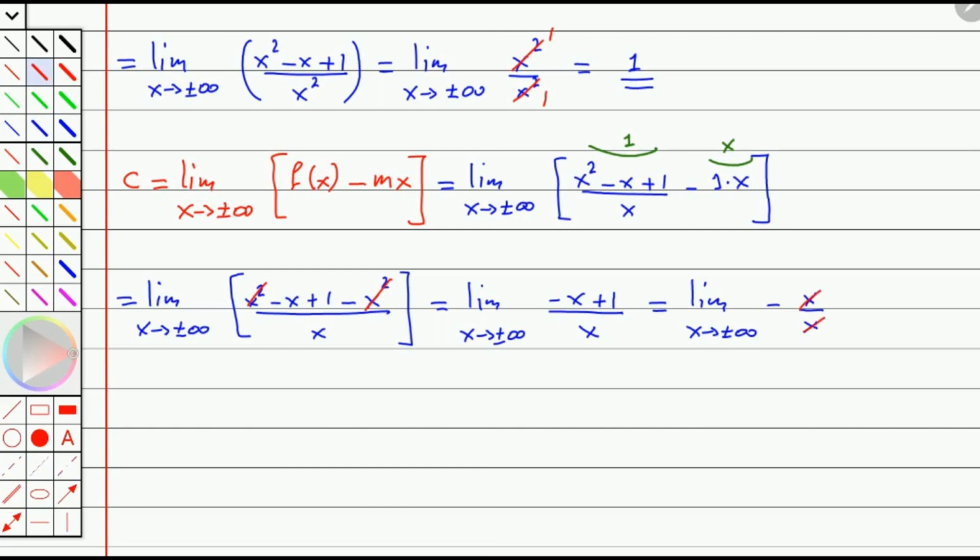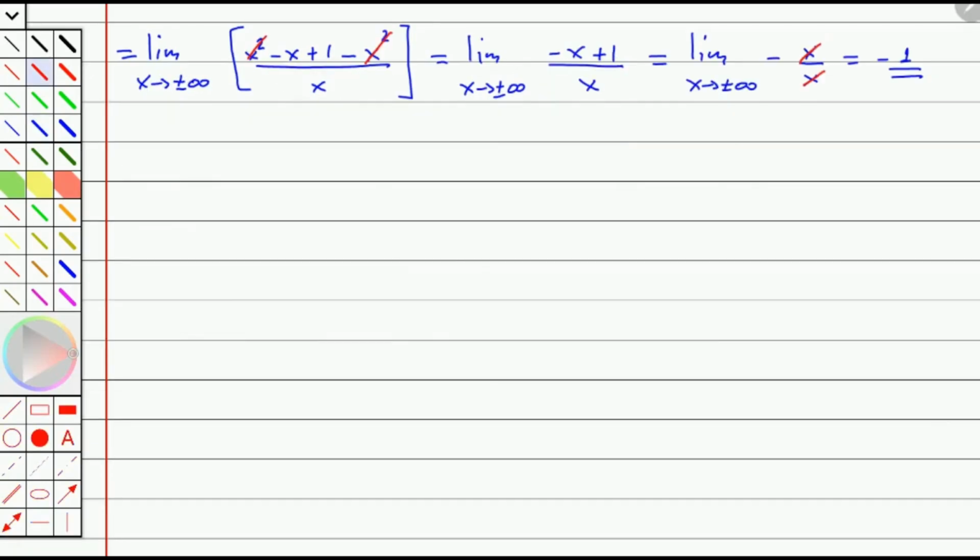They cancel, and so c is going to be negative 1. Thus, the oblique asymptote now is y equals x minus 1. And now we are ready to plot it.